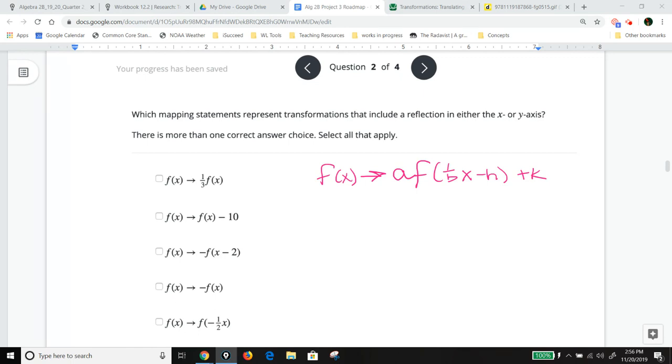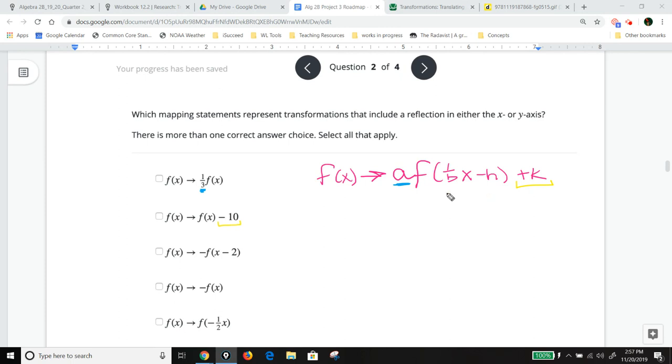So first I want to identify what each of these parameters are. This 1/3, I can see that being a parameter of a, because it's a multiplier out in front. This -10, I can identify that to be the parameter of k, because it's outside of that function.